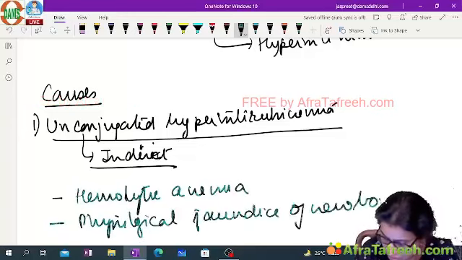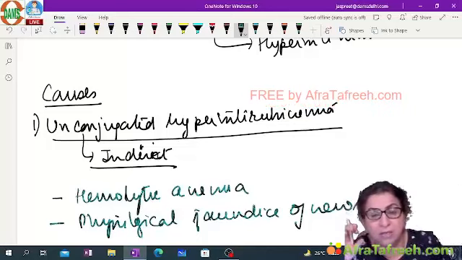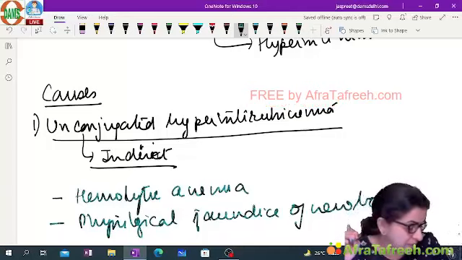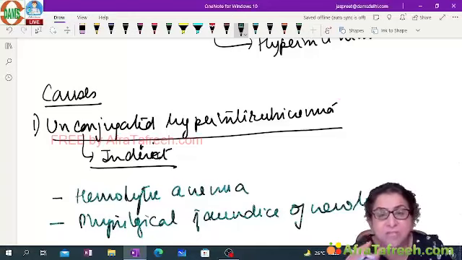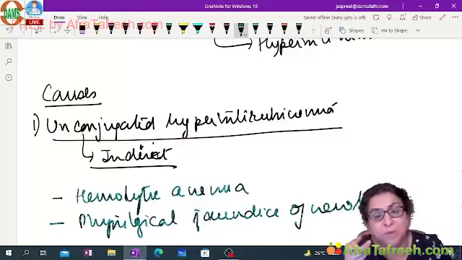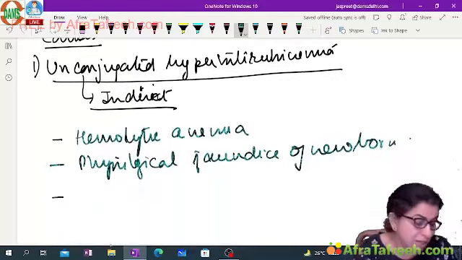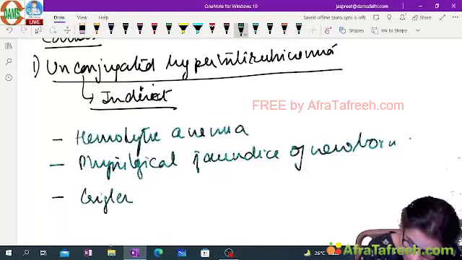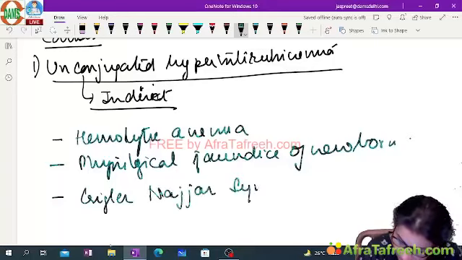In physiological jaundice of newborn also, unconjugated bilirubin is increased because in the newborn liver, the enzyme needed for conjugation, UDP glucuronosyltransferase, is very immature or low in amount. So bilirubin cannot be conjugated, and unconjugated bilirubin rises. Third, there are two hereditary hyperbilirubinemias which we will see later: Crigler-Najjar syndrome and Gilbert syndrome.